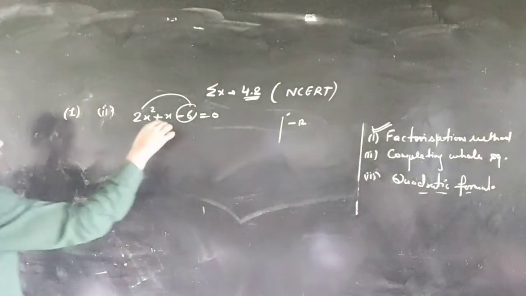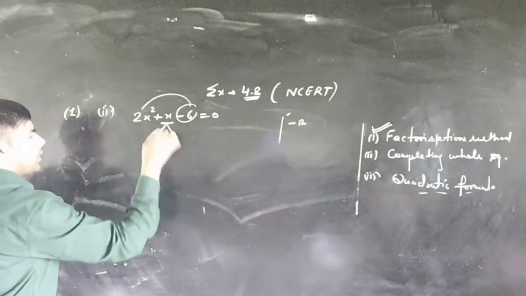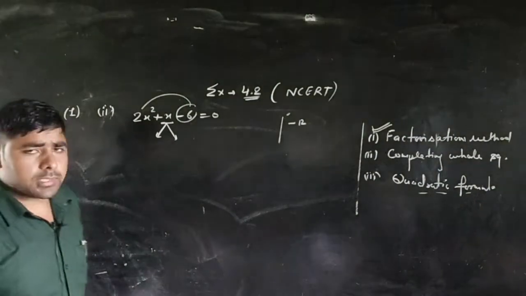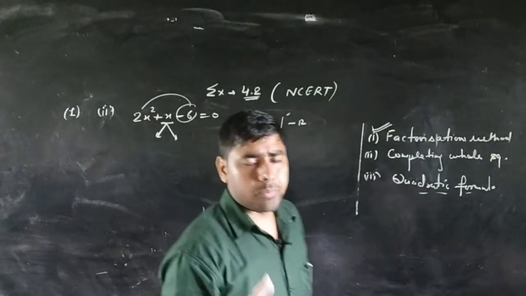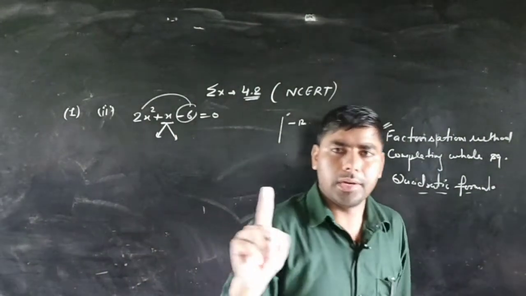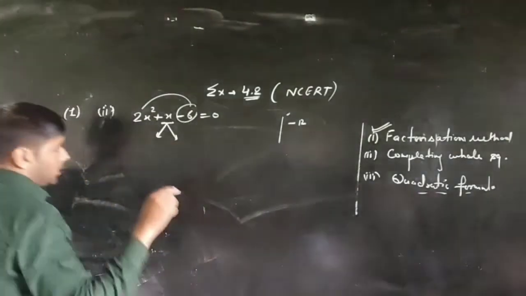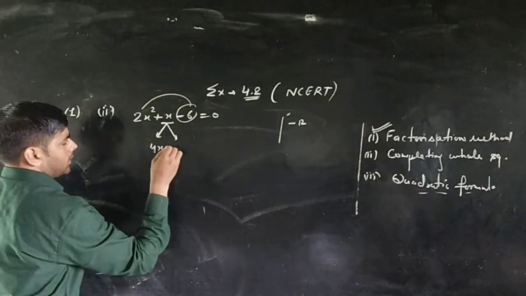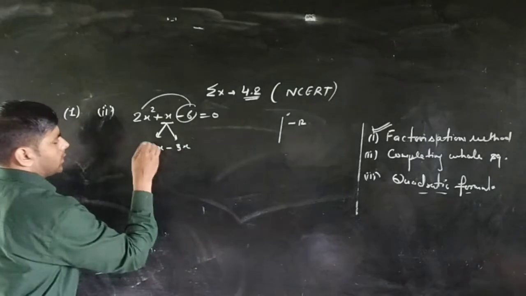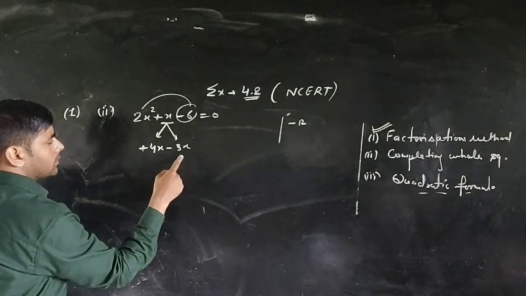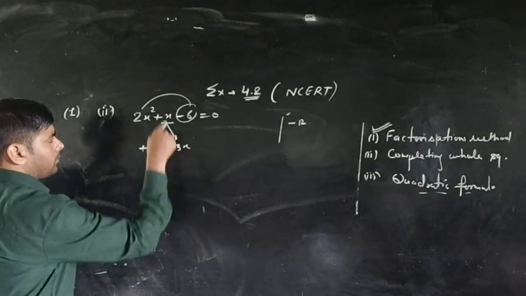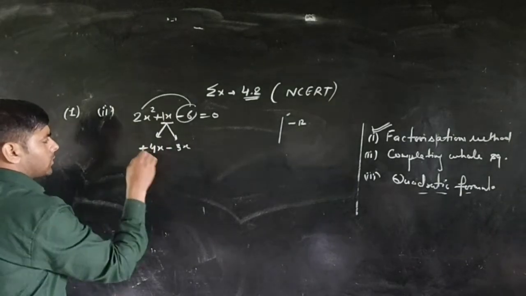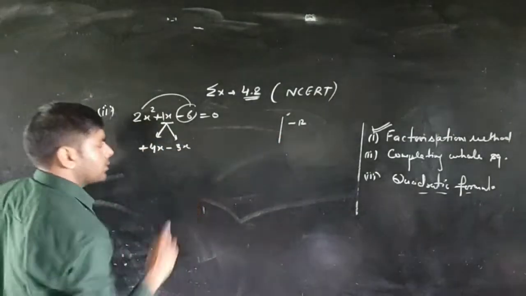Now split the middle term into two parts so that their sum is plus 1 and the product is minus 12, and you can write this as plus 4x minus 3x. Plus 4 minus 3 is plus 1, and plus 4 into minus 3 is minus 12.